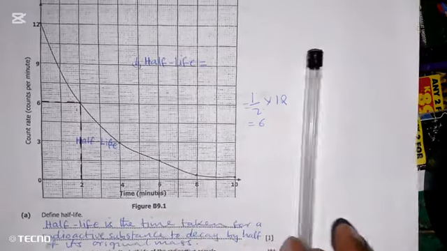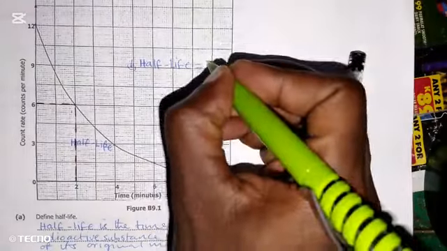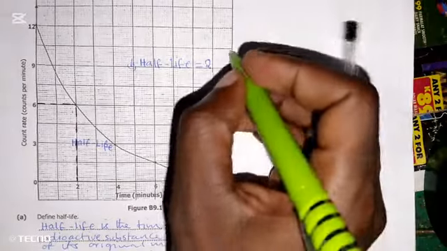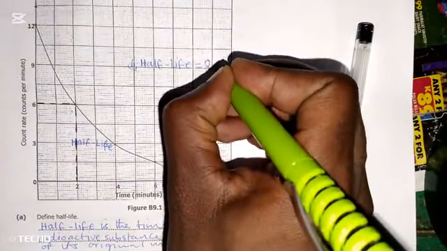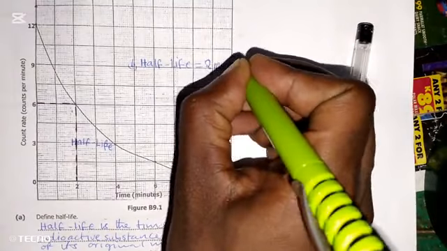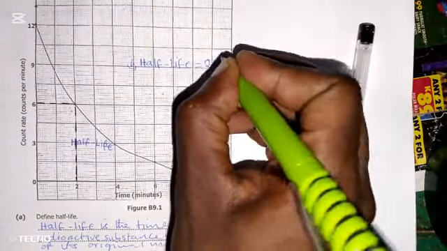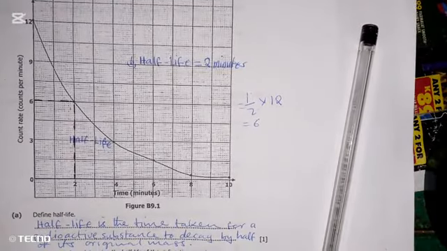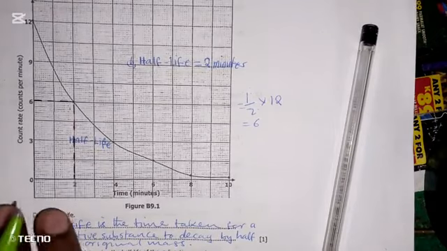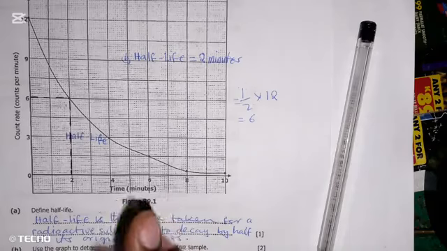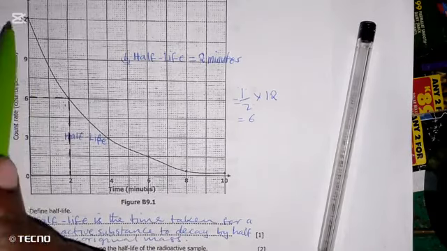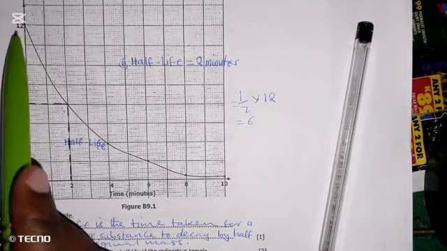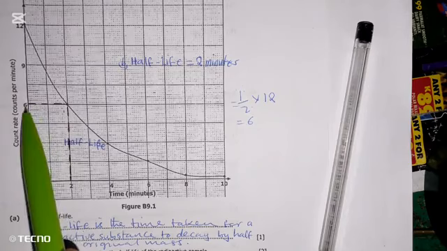Time here is in minutes, so we say 2 minutes. This is how we can answer B. Using the graph, you first find half of the distribution, here 12, half of 12 is 6.